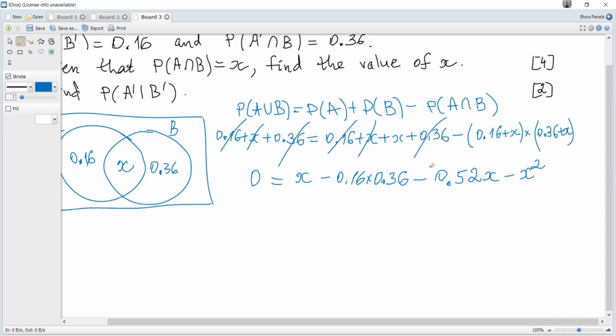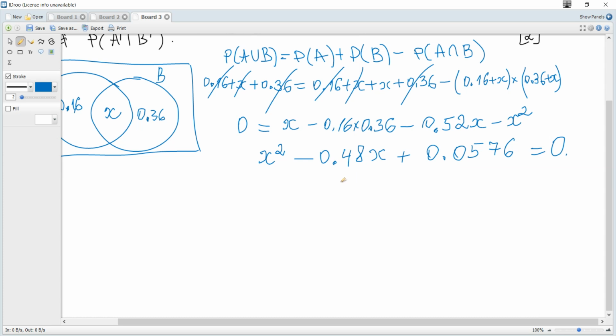And we can see that we get a quadratic equation, which is x squared minus 0.48x plus 0.0576 equals 0.